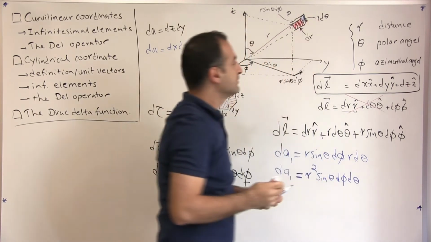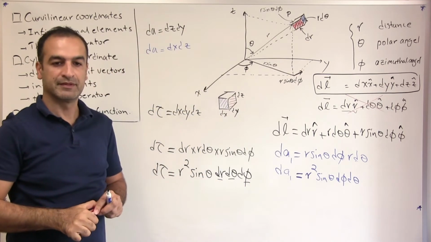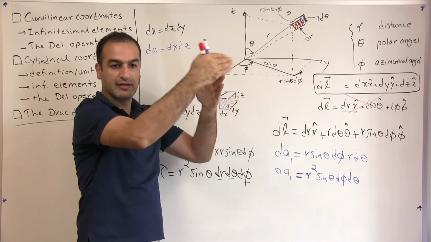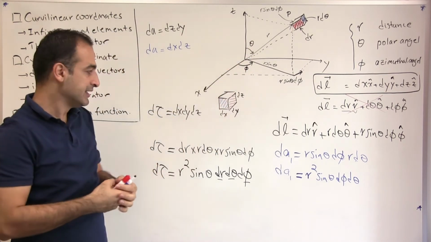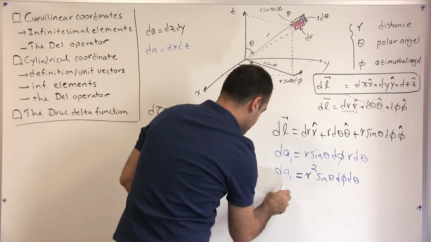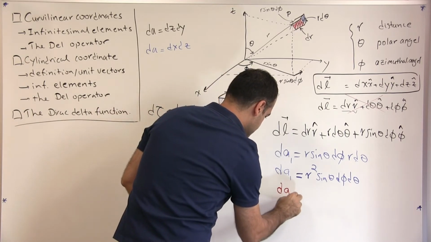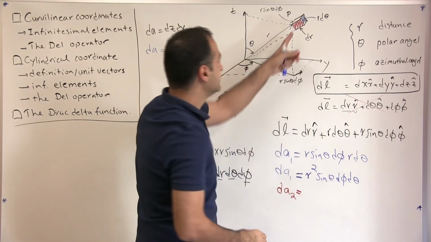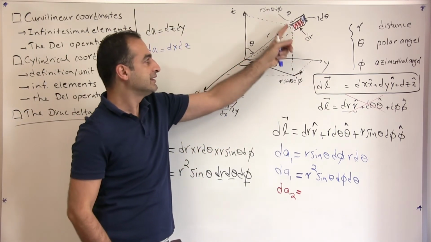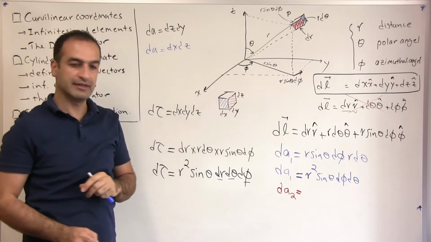Sometimes this area is useful, and that is really in the cross-section of a sphere and not on the surface of a sphere. I'm going to call that dA2, and write that with red. What is this area? In one direction we have dr, in the other direction we have r d theta.